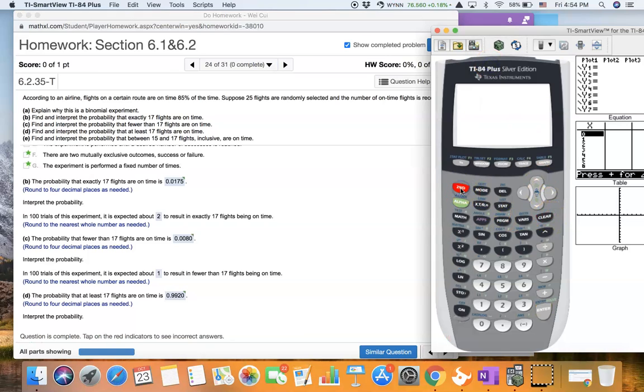So I click on the second key, and I click on the distribution. So I select this binomial probability, and now since 25 flights are selected, n equals 25, and the probability of being on time is 0.85.